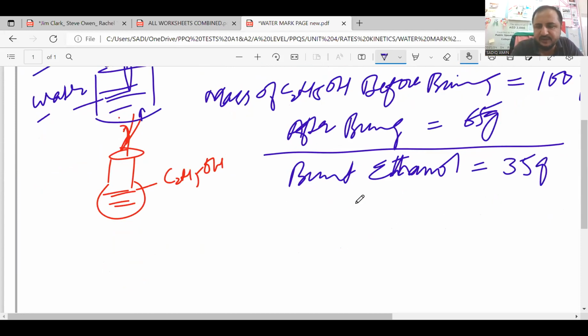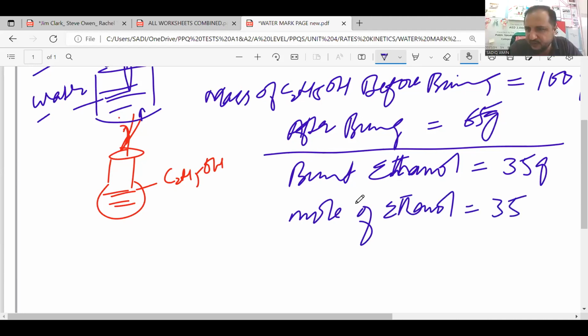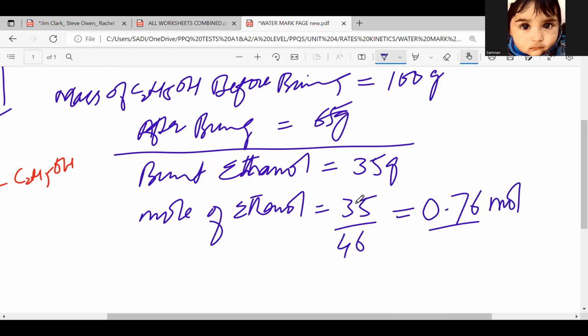How many moles have you burned? You will take 35 and you will divide it by the relative molecular mass of ethanol, which is 46. So what is your answer for it? Sir, 0.76. 0.76 moles of ethanol you have burned.